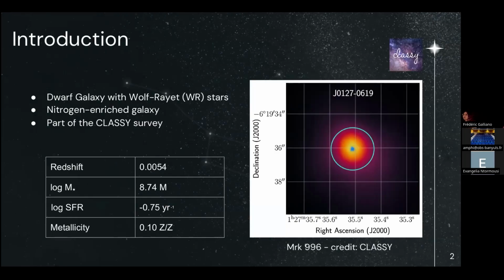It was part of the CLASSY survey, and it is a dwarf galaxy with known Wolf-Rayet stars, meaning that there are these very, very rare type of stars present that have very, very strong winds. They evolve from very massive stars, and they are just alive for a very short time before they die in a supernova. And we found that this galaxy is a nitrogen-enriched galaxy.